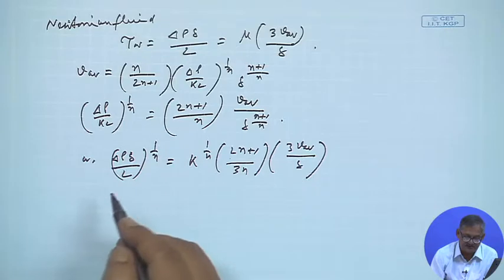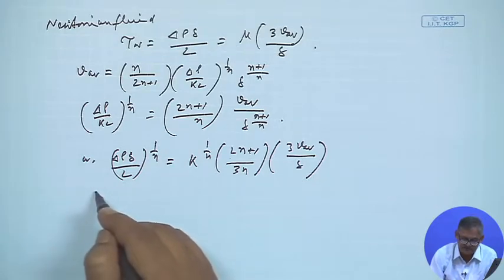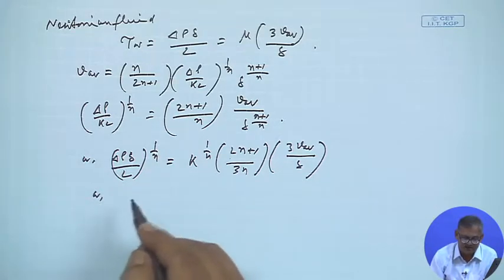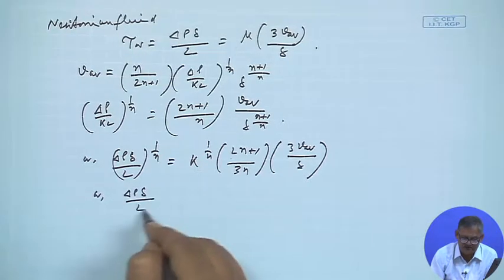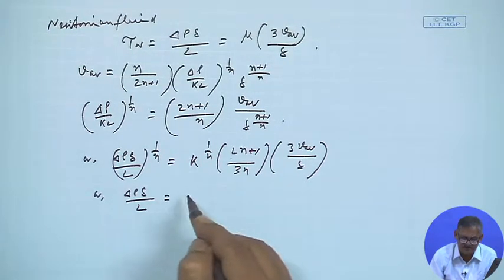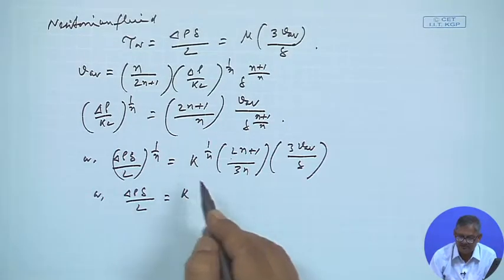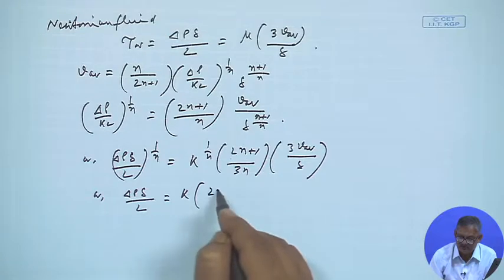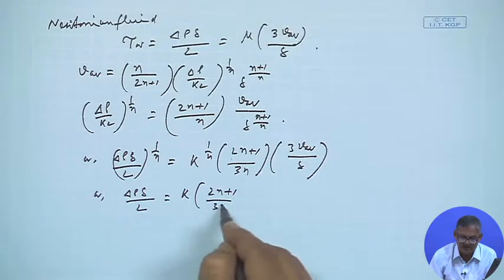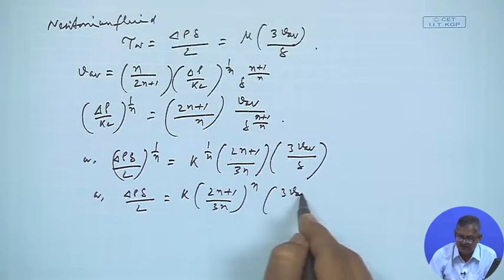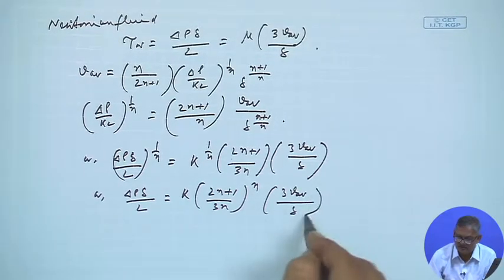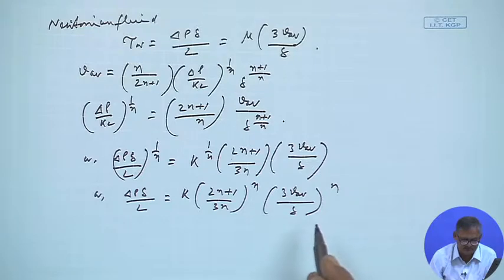So, that means we can write that delta P del over L is equal to k, that goes out, then ((2n plus 1) by 3n) to the power n and (3 V average over del) to the power n, right.